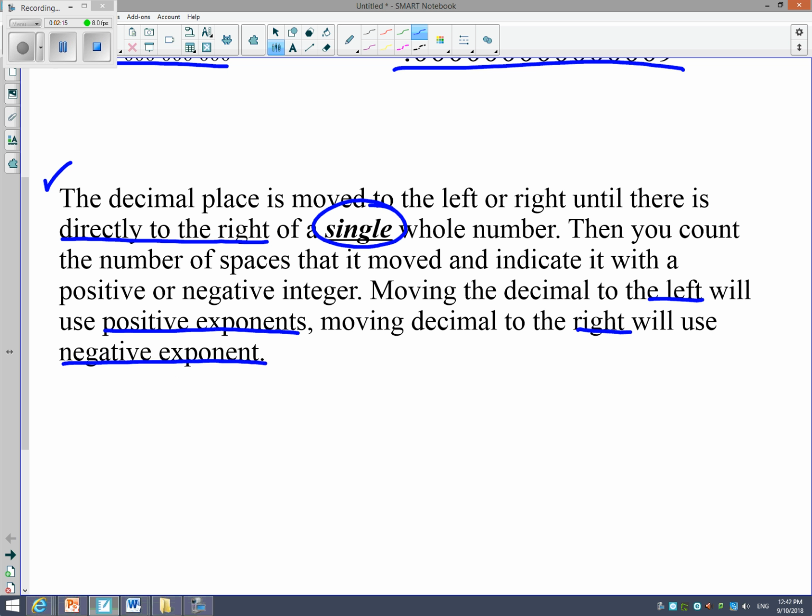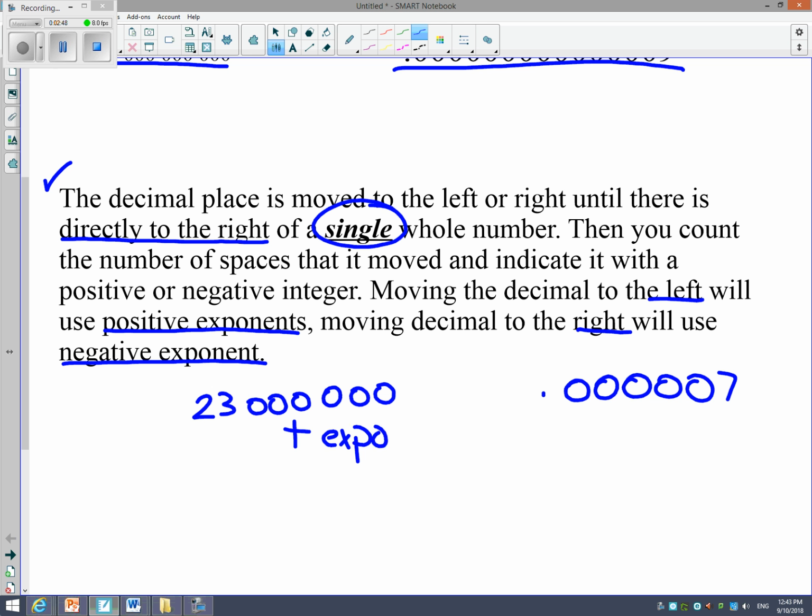And when we actually looked at it with a bunch of examples, I forget who the student was, but they said, you know, we can make just a general rule that when we're working with very large numbers, and we can agree that 23 million is a large number, or if we're working with very small numbers, and 0.00007 is definitely a small number, but if you're working with large numbers, you can say we're always going to use a positive exponent when we count.